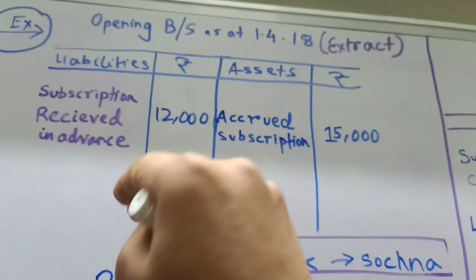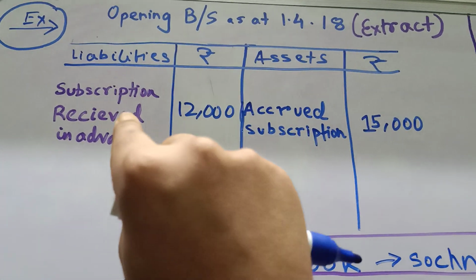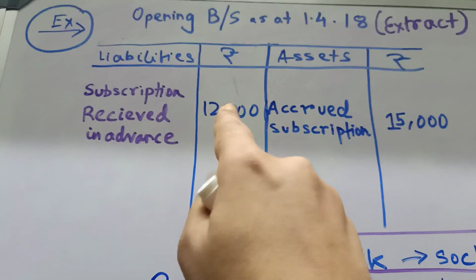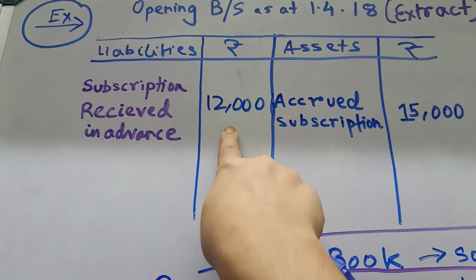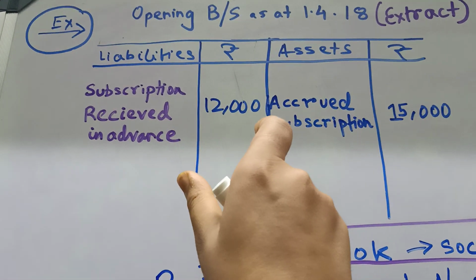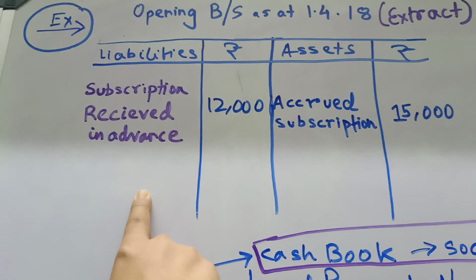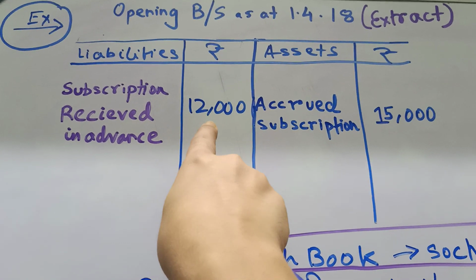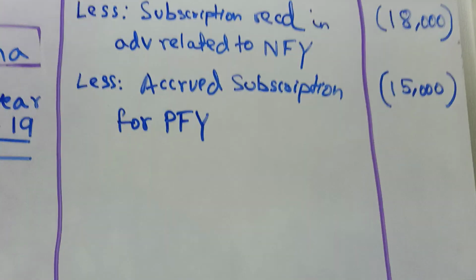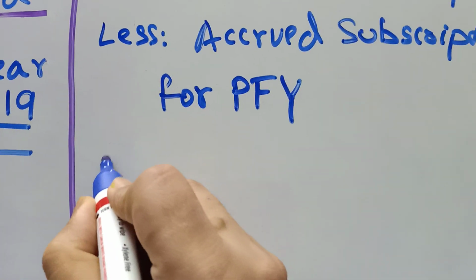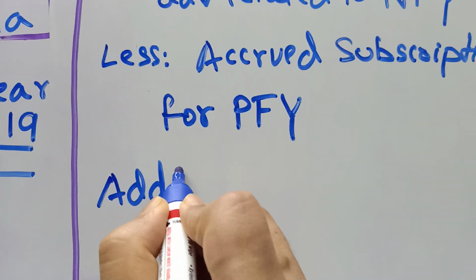Now in this current financial year 18-19, when the services are being given to the members, then only this 12,000 shall be connected and recognized as a revenue in this current financial year. Hence we have to add this 12,000, right?